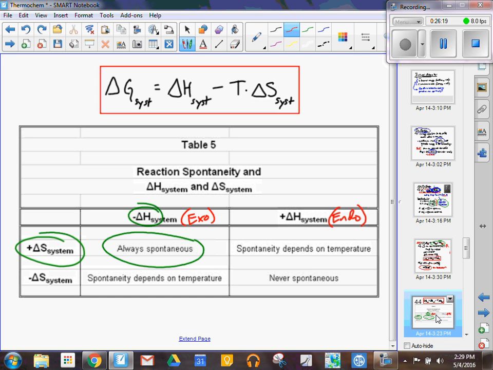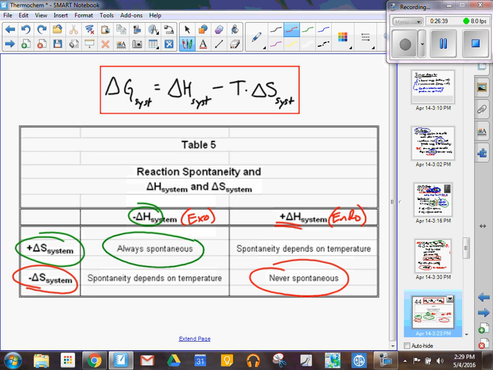If it's endothermic, so notice positive delta H, meaning we have to add heat to it, and you're ordering the system, so it's a negative delta S. If you've got to put energy in to get the reaction to go, and the product is more ordered than the reactant, it's never spontaneous.